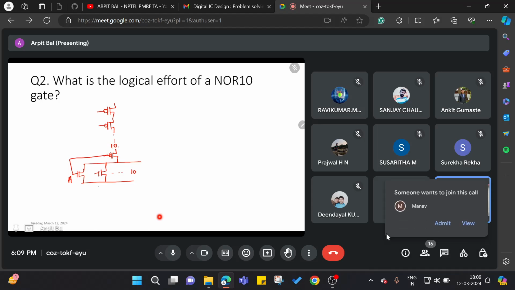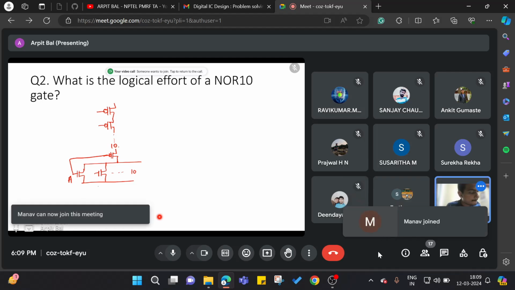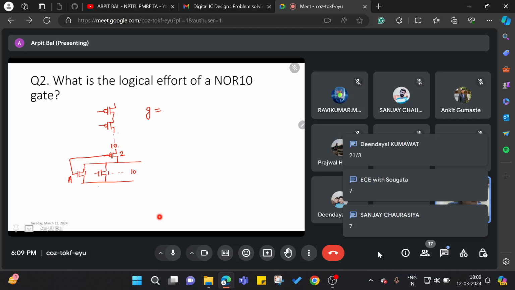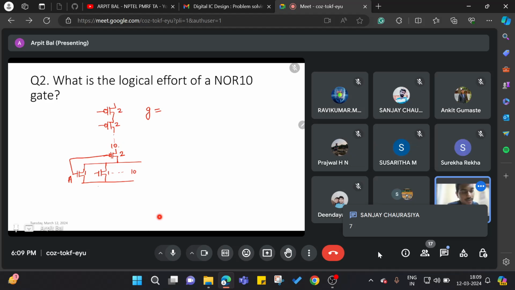Okay, and let me call this gate as gate A. So can someone tell me what will be the logical effort in this case? 7. Okay, let's see. Before sizing, we will have NMOS all the widths as 1 and PMOS all the widths as 2.